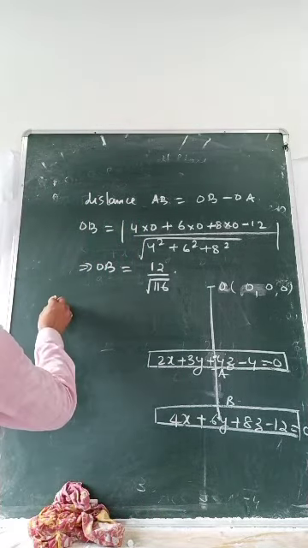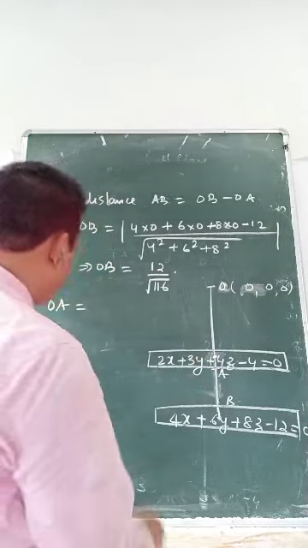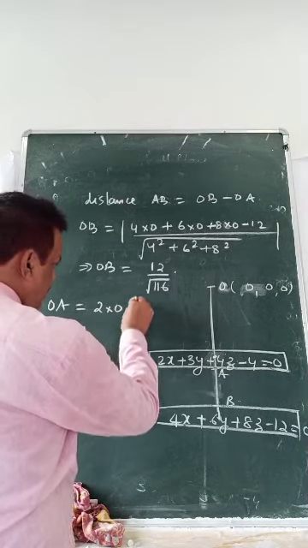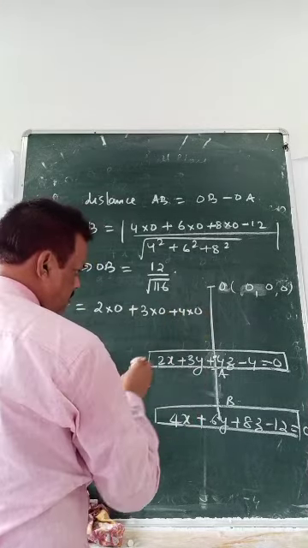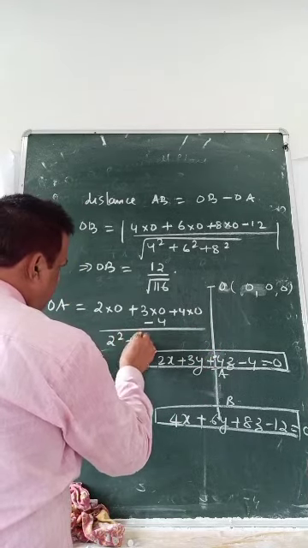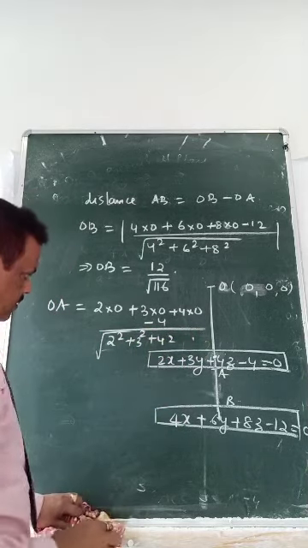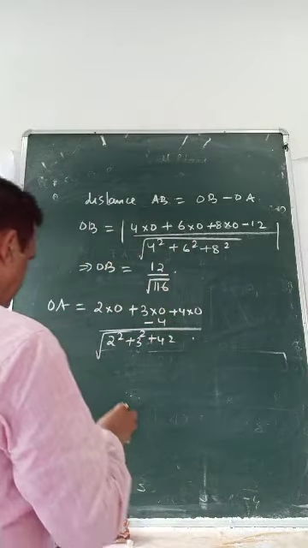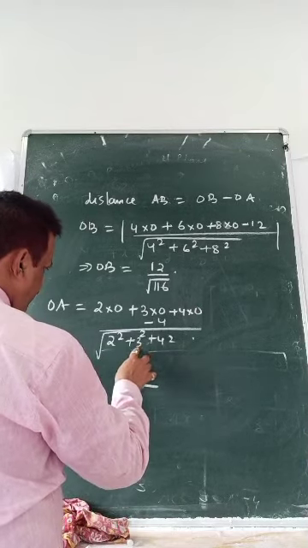Okay, what is OA? 2 into 0 plus 3 into 0 plus 4 into 0 minus 4, divided by root of 2 square plus 3 square plus 4 square. So how much did you get? This is 4 by root 29.